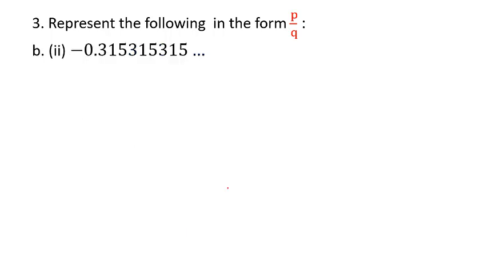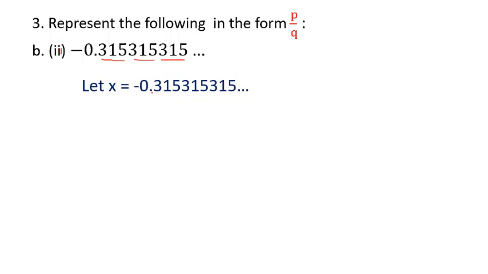Now let us take one more example. Question number 3, I guess. Negative 0.315, 315, 315, 315. Now see, we have repetition of 315. So take x equals negative 0.315315. Now with how much should you multiply?